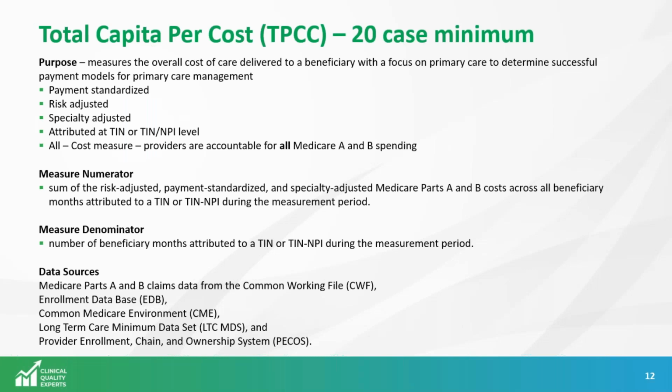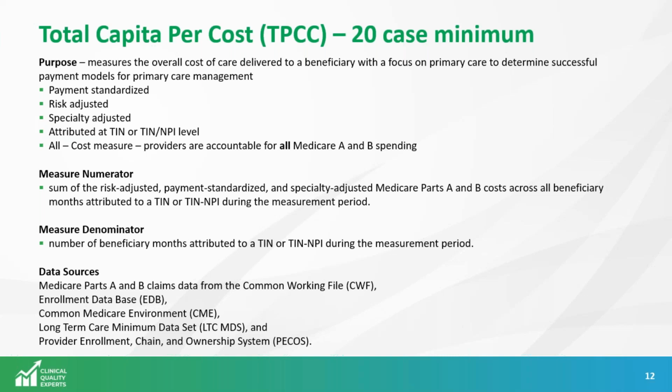Okay, so the TPCC, or total per capita cost, measures the overall cost of care with the focus on primary care, which has a 20 case minimum. And this measure, again, focuses on overall cost of care, and it focuses on primary care, but it can also involve non-exempt specialties.